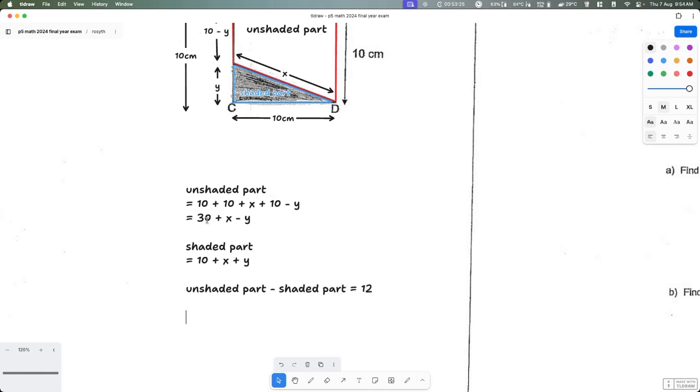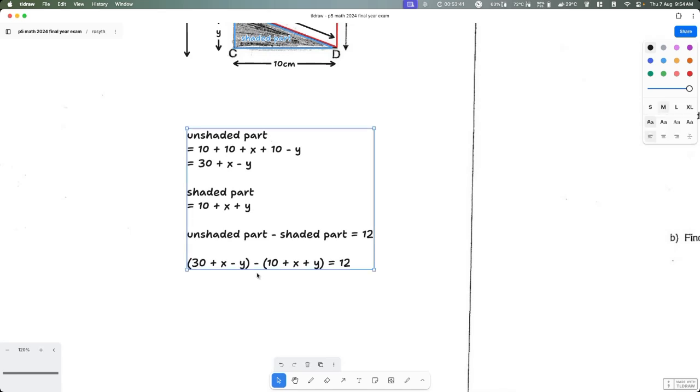Then we can swap in. So unshaded, 30 plus x minus y, in brackets, and then minus the shaded part, in brackets, 10 plus x plus y, equal to 12. Anything negative here, we need to convert the plus into minus as well. So 30 plus x minus y, minus 10, minus x, minus y is equal to 12.